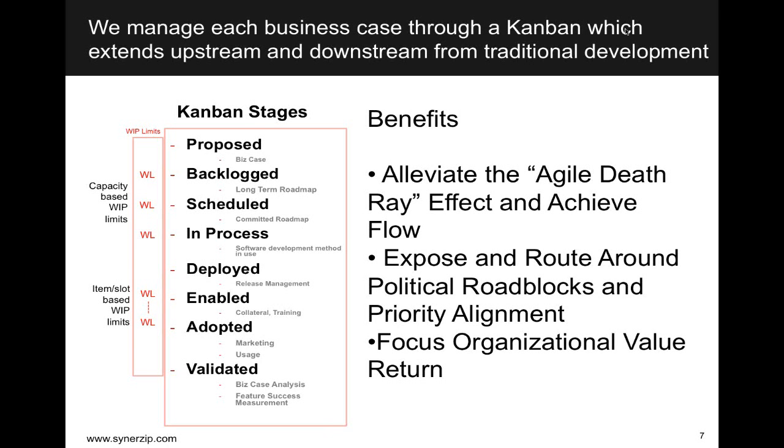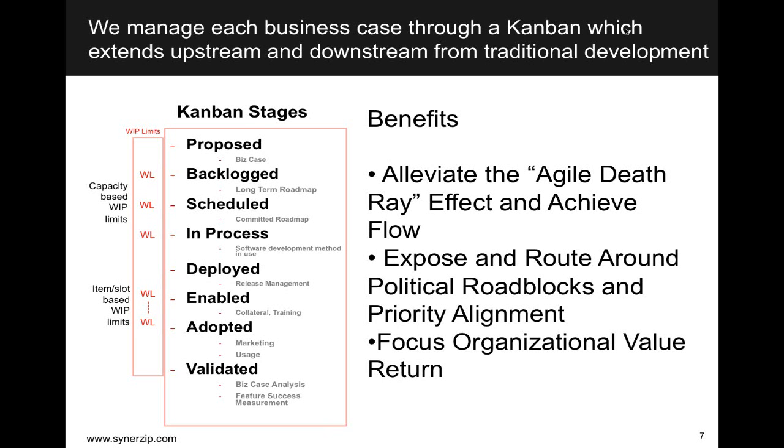And in the latter stages of your Kanban, it's almost always WIP limits based on number of items flowing through the Kanban process. So this allows you to gate how much change you're putting on different parts of your organization.